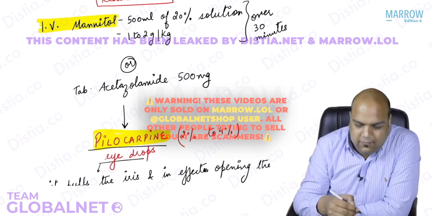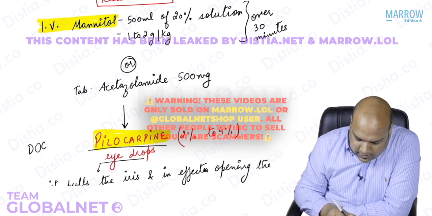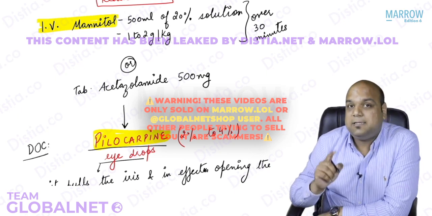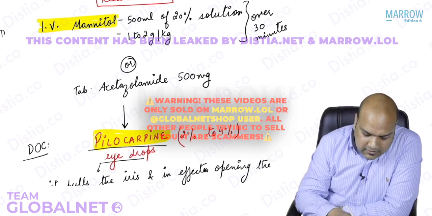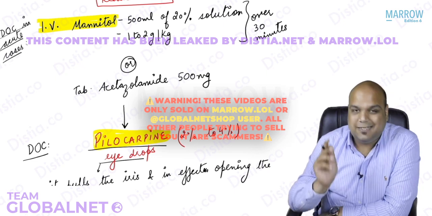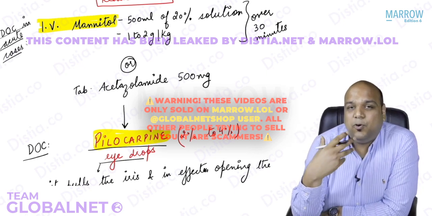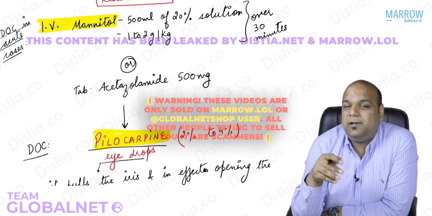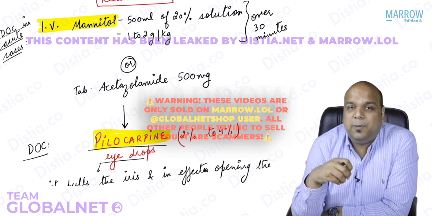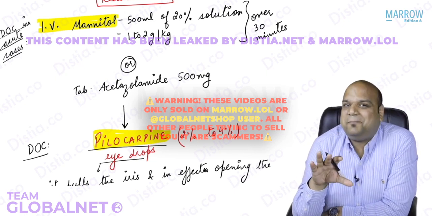But still, if an MCQ is asked, the drug of choice for angle closure glaucoma is pilocarpine, but the drug of choice in acute exacerbation, or in acute cases, is intravenous mannitol. Okay, though these questions should not be asked, both the drugs need to be given. First of all, we need to reduce the IOP, then we need to be able to constrict the pupil. But if at all asked, this is how you answer them.